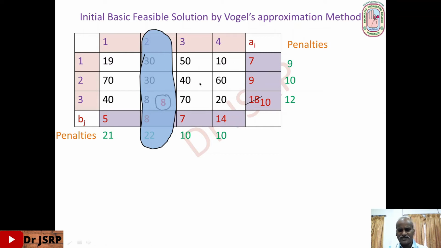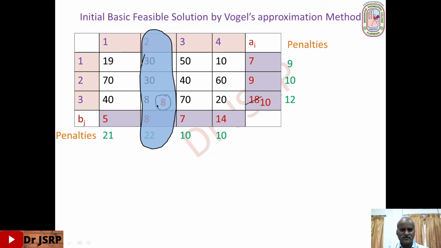So repeat the same process for the reduced transportation table. That means first find penalties for the reduced table. Since a column is eliminated, row penalties may change. Column penalties remain the same, since all the rows are available and no row is deleted. The next step is to find the row penalties.